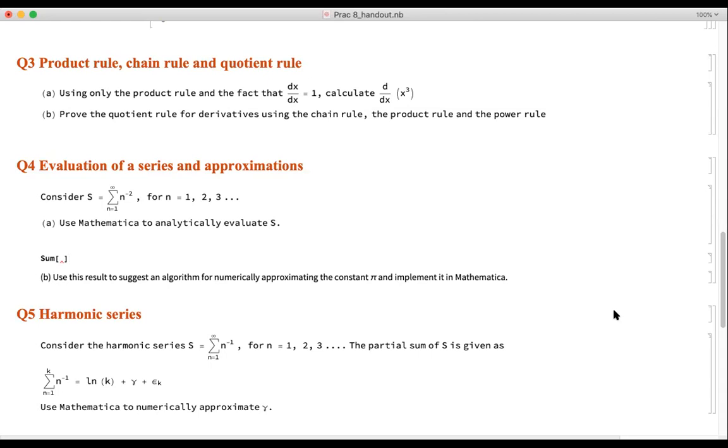It's not an approximation, it's an exact solution.